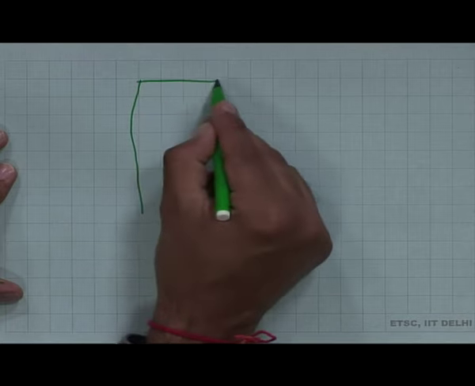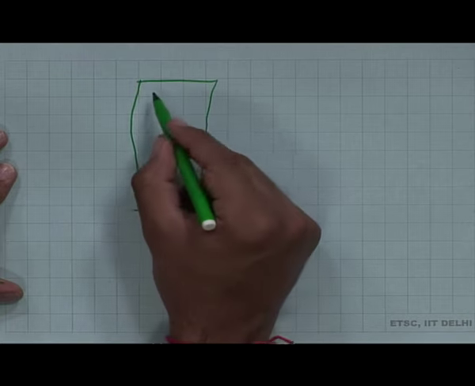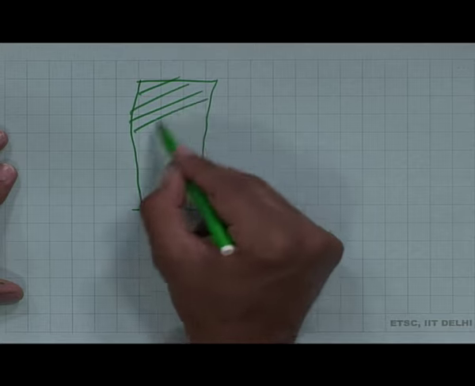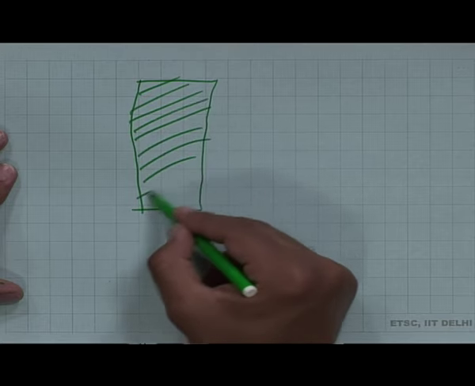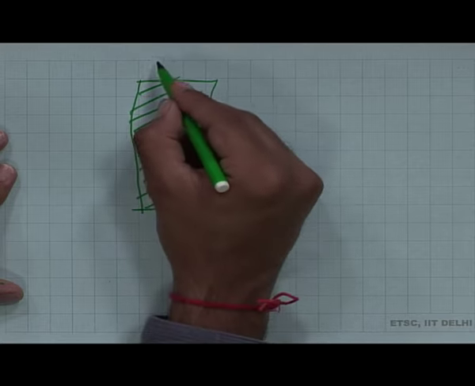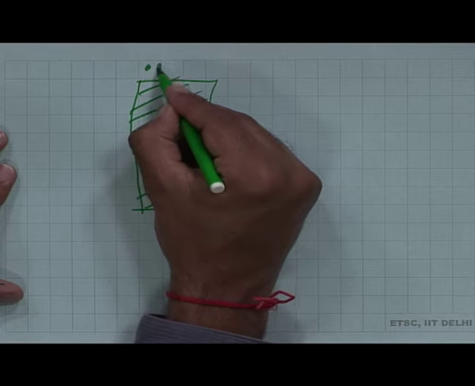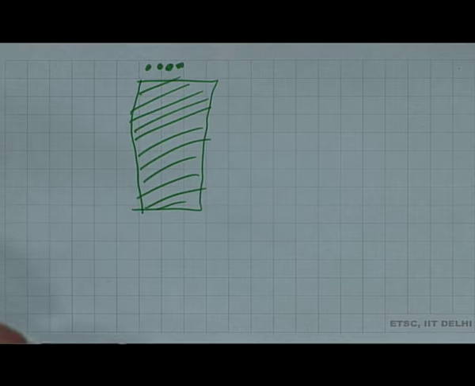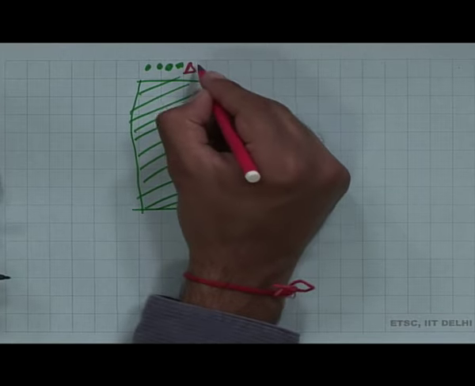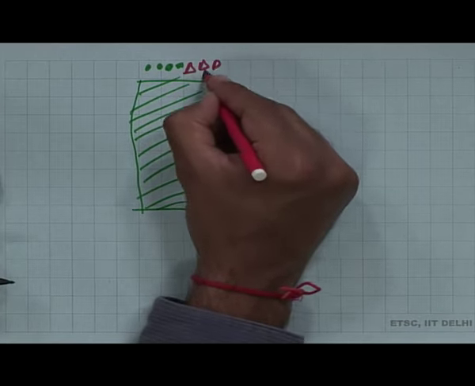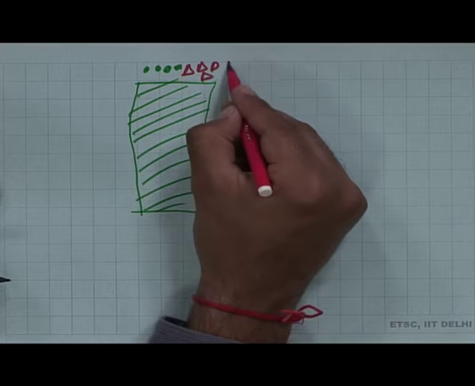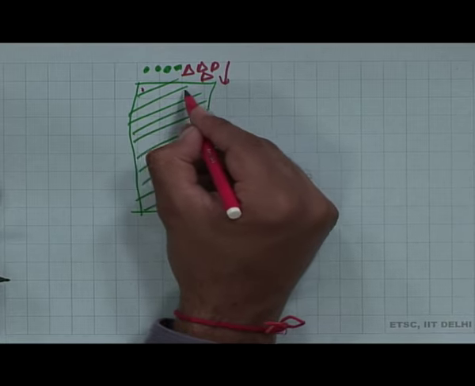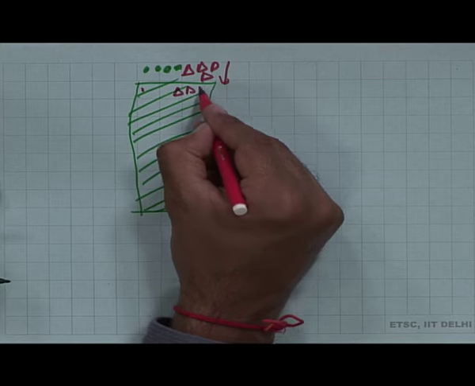Let us say you have a column, okay, and you have packed this column with your material. Now, what you have done is green is your product, while red is your impurities. Okay. You have injected this into the column. So, what it will look like is like this.